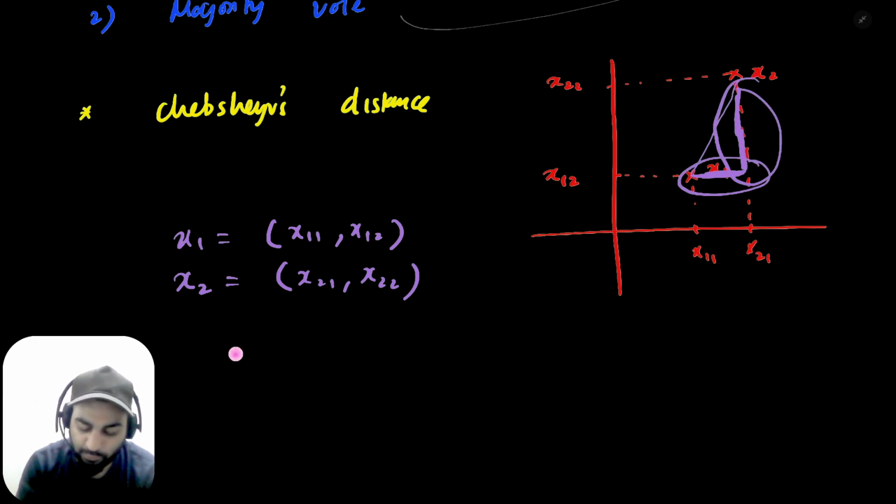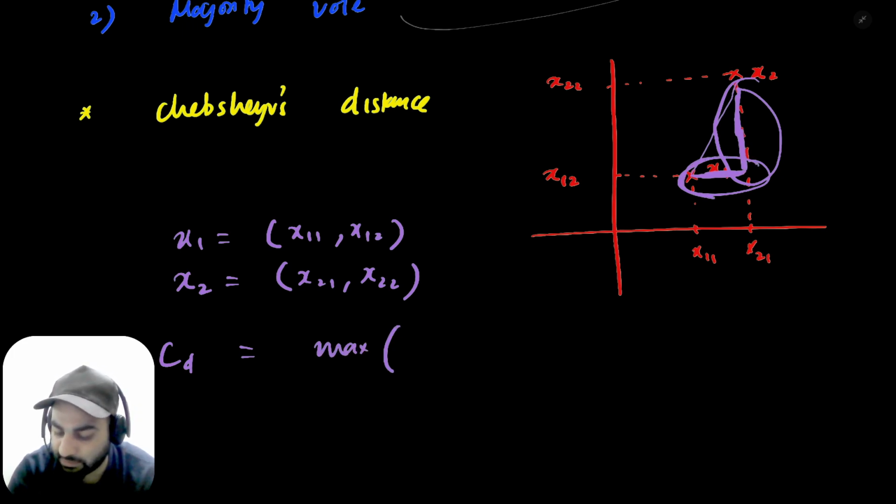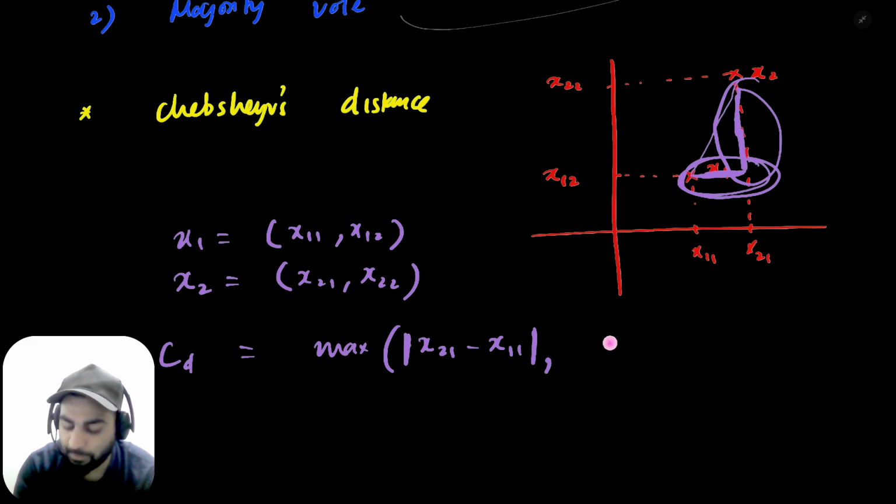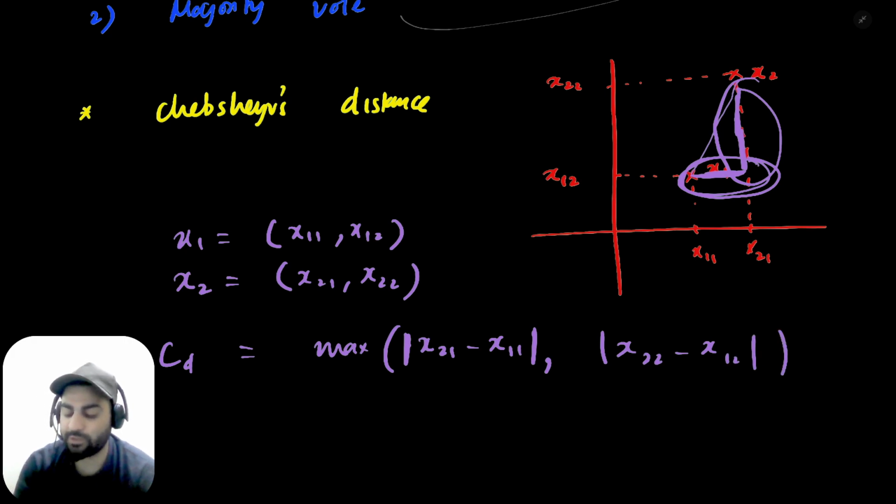If we denote it by C, the Chebyshev distance is the maximum of the absolute value of x21 minus x11, comma, the absolute value of x22 minus x12. Whichever is the maximum, we'll consider that as the distance. This is one of the distances.